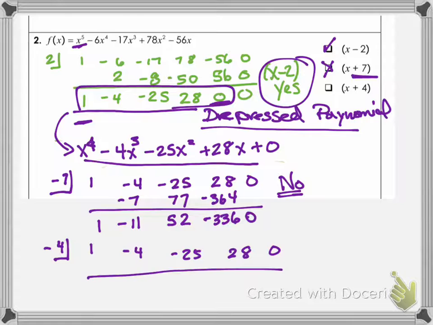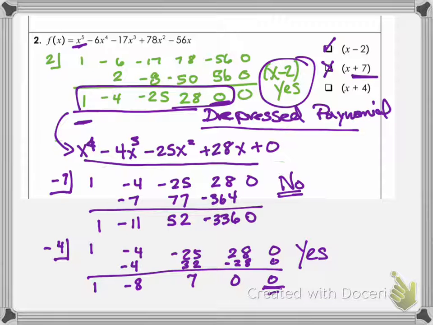So, doing synthetic again, this would be 1, -4, that would be -8, and -8 and -4 is +32, and so that would be +7, and that would be -28, which would be 0, and 0 times -4 is 0, and 0, 0, and 0. So yes, this one's a yes.